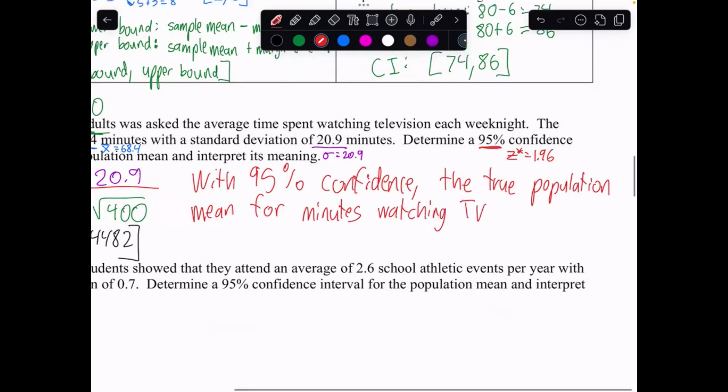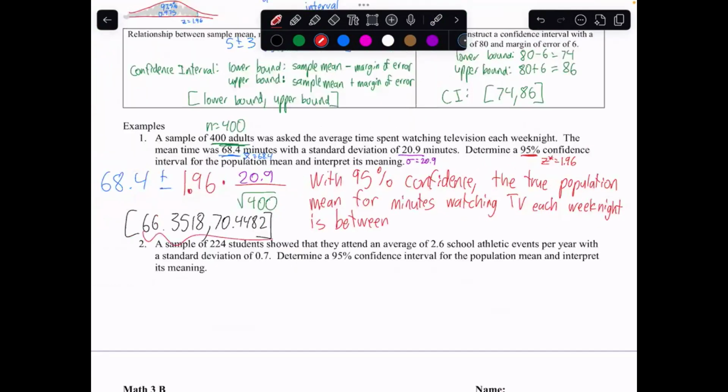Well, TV each weeknight. Okay, and then you tell me it's between, and then you list the lower bound and the upper bound.